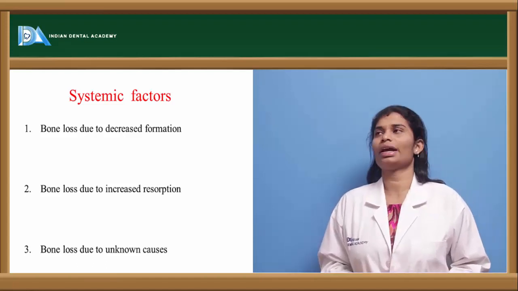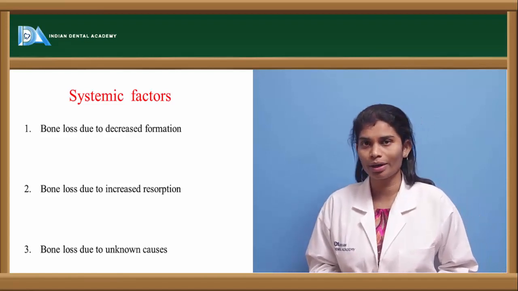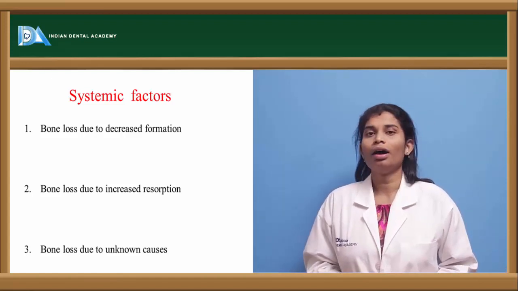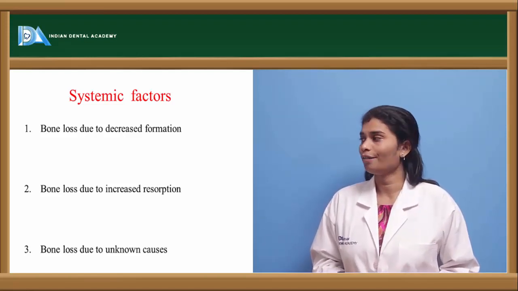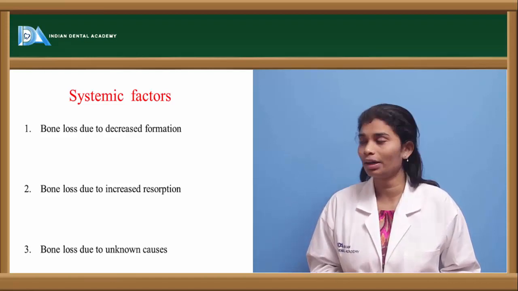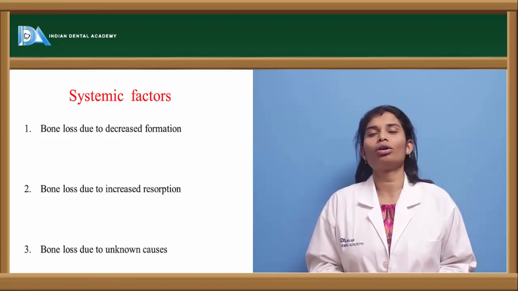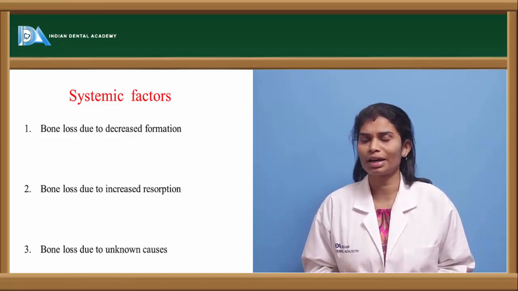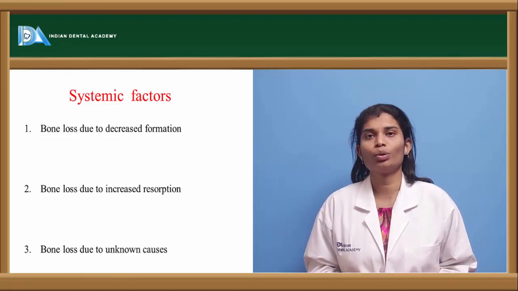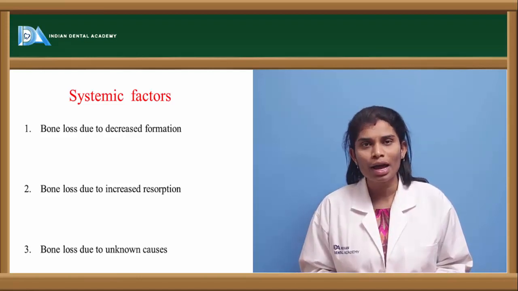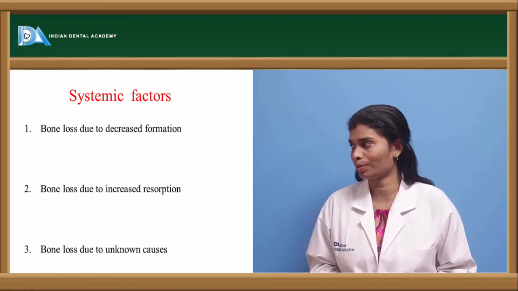Decreased formation usually happens in conditions like hypophosphatemia, and with more glucocorticoid production like Cushing's disease, where glucocorticoids help in decreased bone formation. In cases like autoimmune diseases where it is a must and inevitable to give glucocorticoids, you will see increased resorption of bone as a side effect of the glucocorticoids incorporated in treatment.